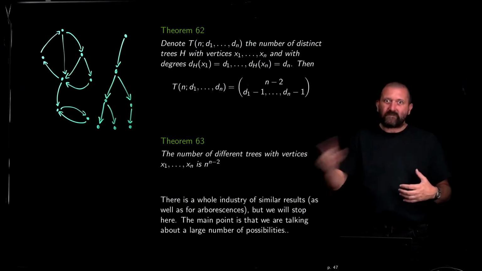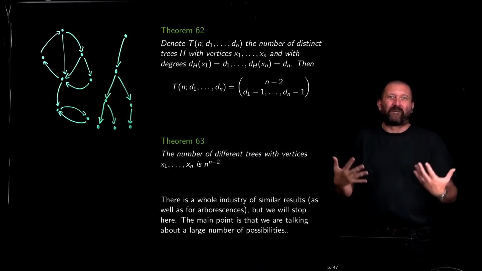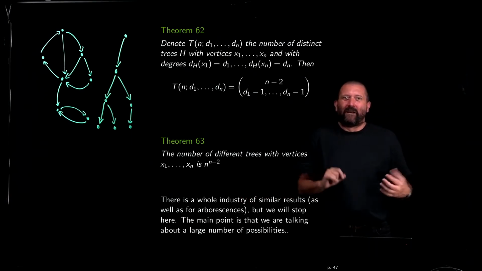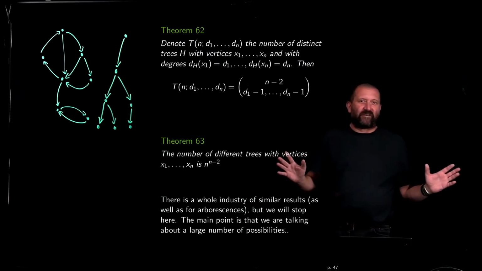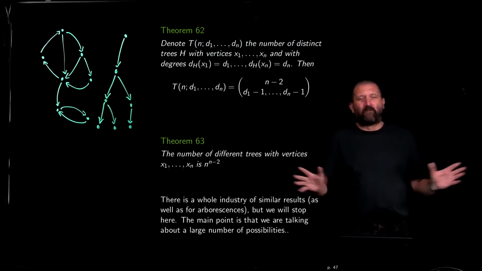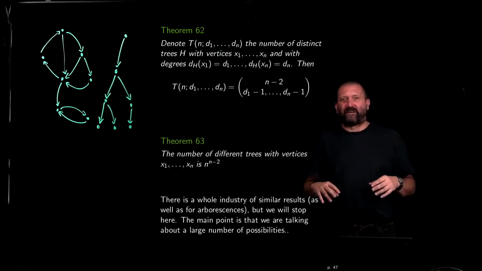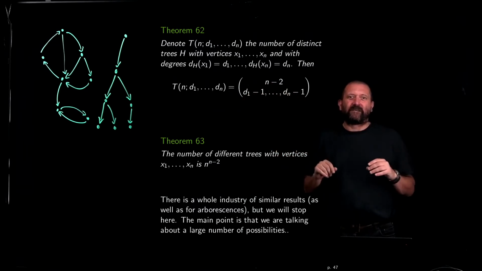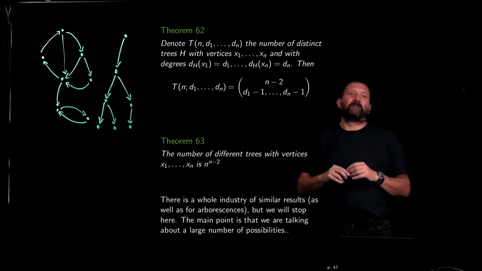Let me point out something that will motivate what's coming up later. If we think about trees with vertices x1 to xn, just the number of possible trees, without imposing any relation, that number is n to the power n minus 2.